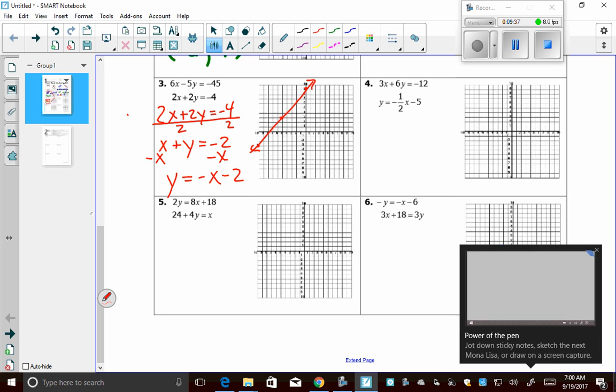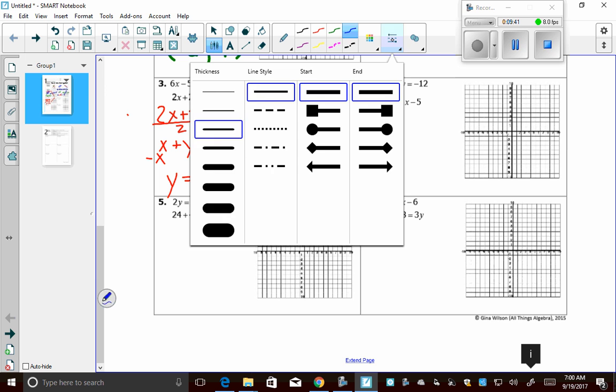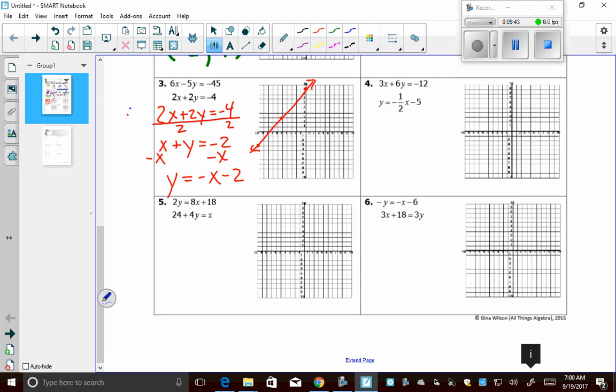Now to graph this one, I'm going to change colors so you can tell the difference between the two lines. I'm going to start off at negative 2. So I'm going to put a point at negative 2. Now, if you realize, my slope is actually negative 1 over 1. So that means I'm going to go down 1, right 1. But that's not going to get me any closer to my line. So I have to do the opposite.